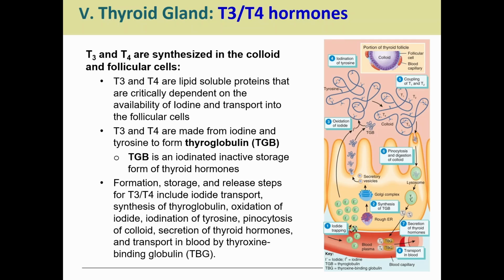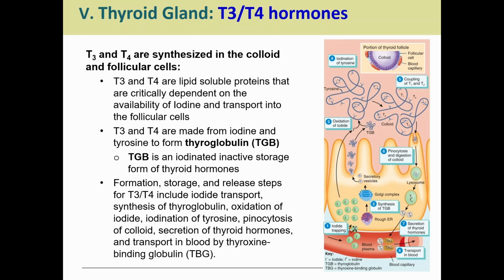So T3 and T4, they're synthesized in that colloid, in that fluid-like space, and the follicular cells that line that space. Now remember, T3 and T4 are lipid soluble, and if you remember the name, like triiodothyronine, iodo is in the name.